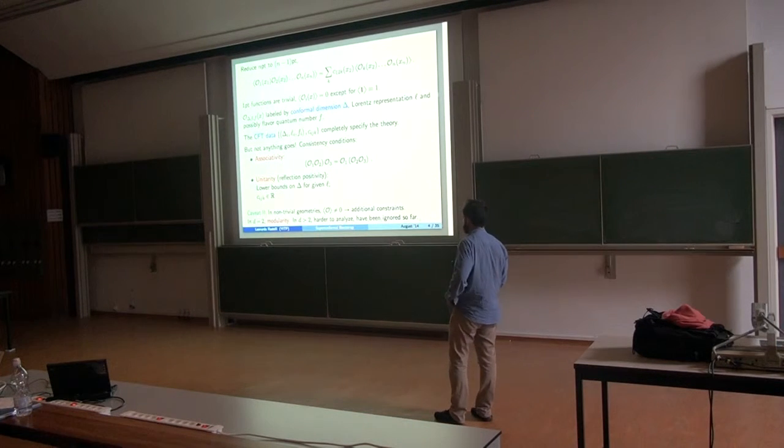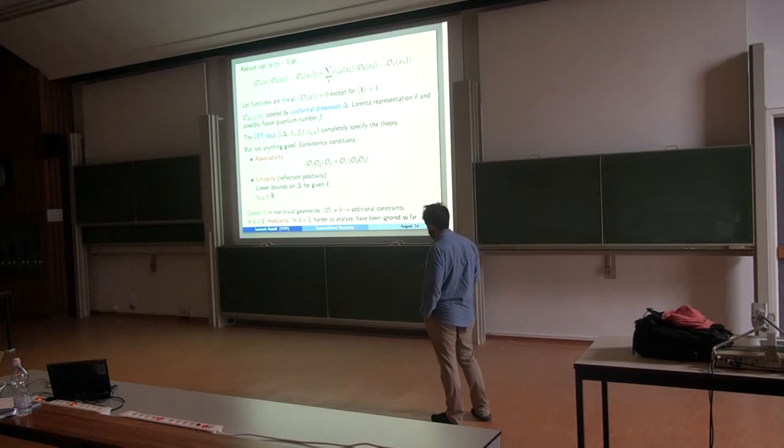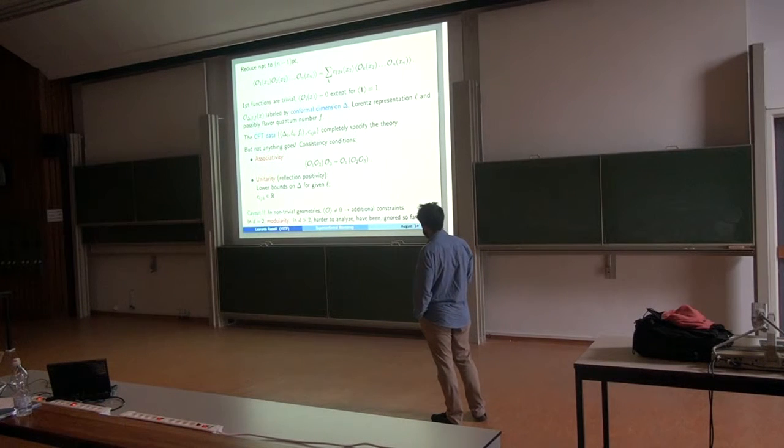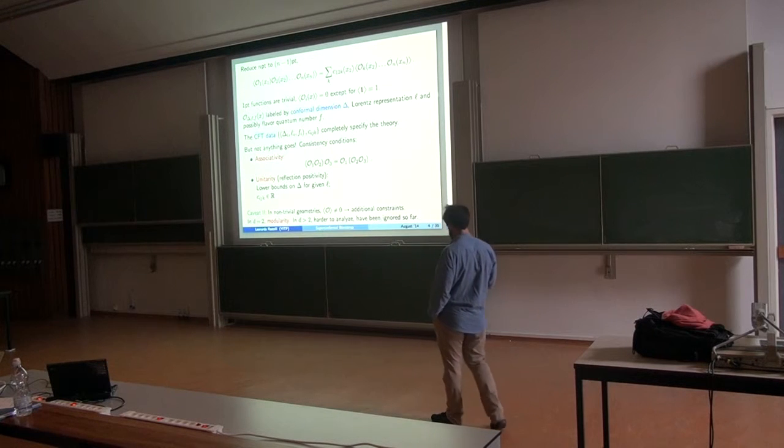And unitarity means, well, first of all, that from the representation theory of the conformal group, you deduce that for a given Lorentz representation, the conformal dimension delta is bounded from below as a function of L. And moreover, we can always choose a real basis of operators such that the structure constants are real.